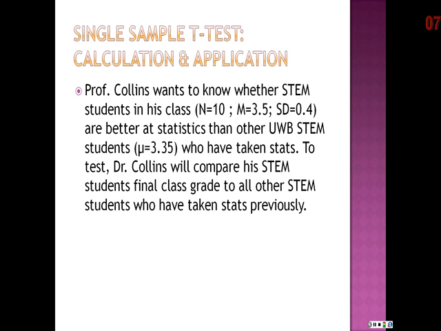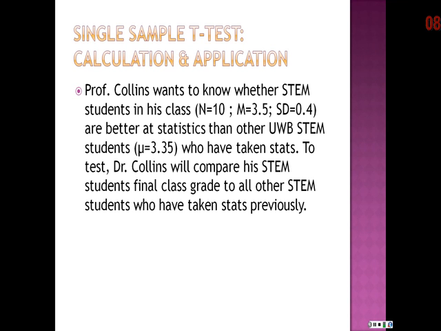So let's do a running example here. Let's say Professor Collins wants to know whether STEM students in his class, with a sample size of 10, a mean of 3.5, and a standard deviation of 0.4, are better at statistics than other UWB STEM students who have taken stats classes, who have a mean of 3.35.